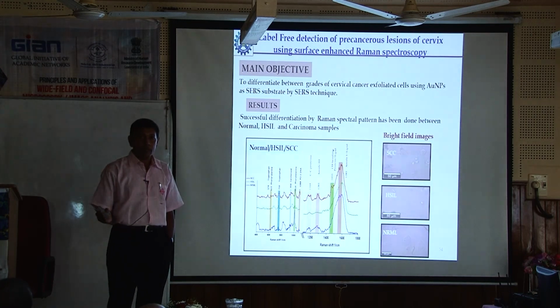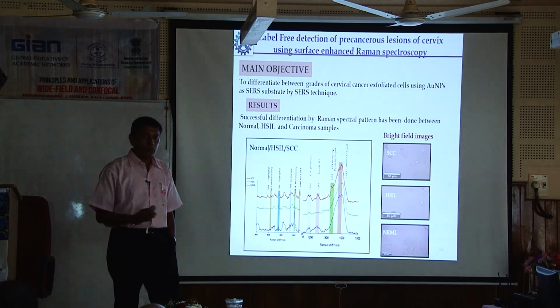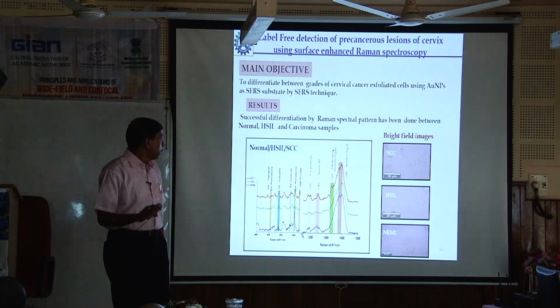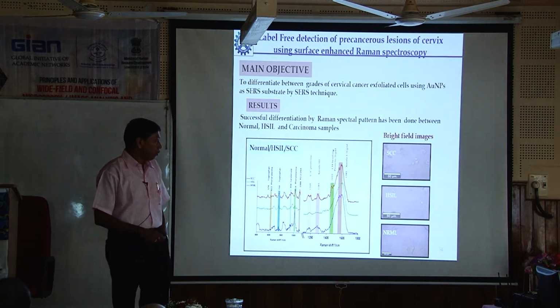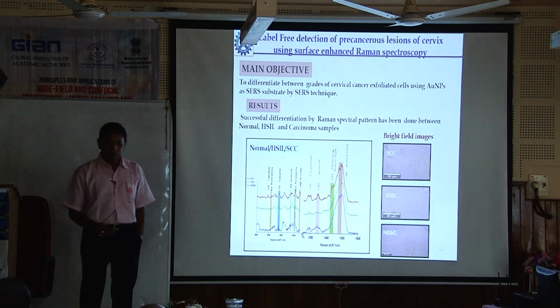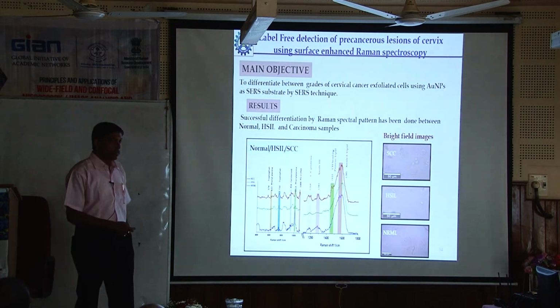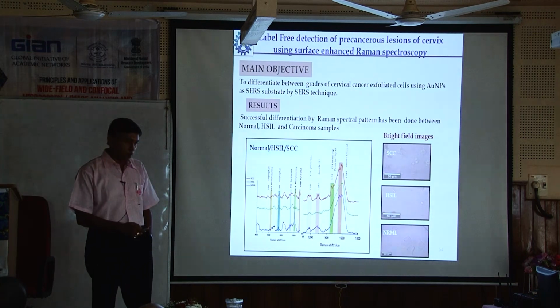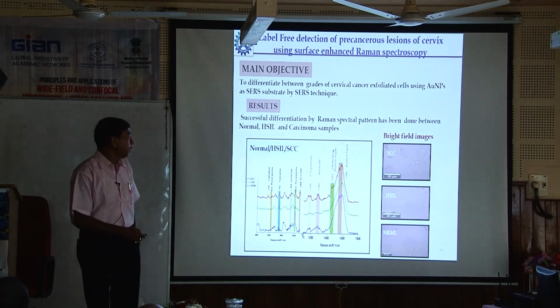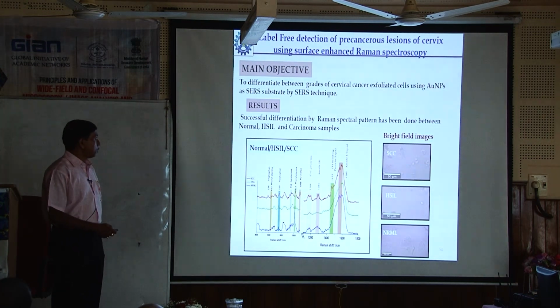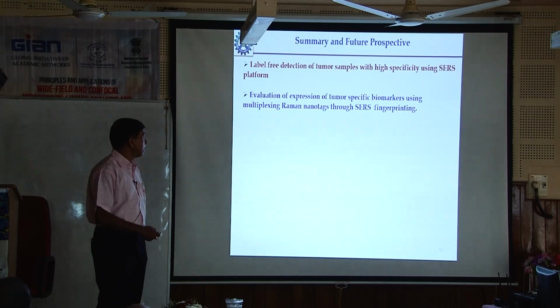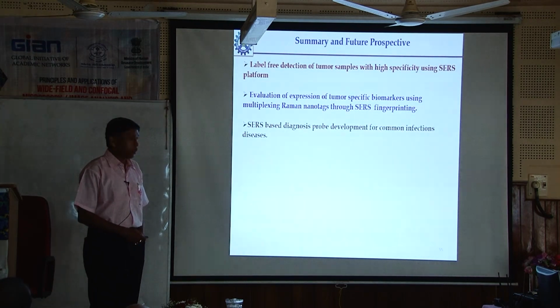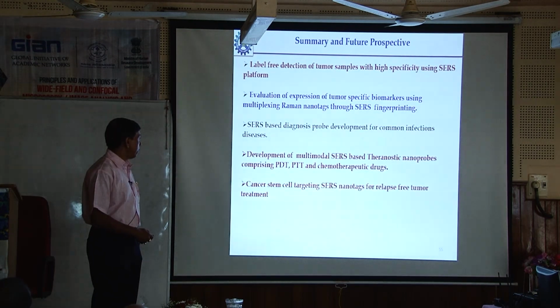That may be a good alternative if we can establish this validation in these three regions. With this I would like to stop here. We have a lot more ongoing works, but due to time limitations I stop here. There is definitely a future perspective in this field if we can work more and develop more.